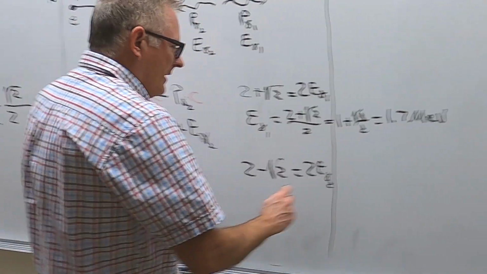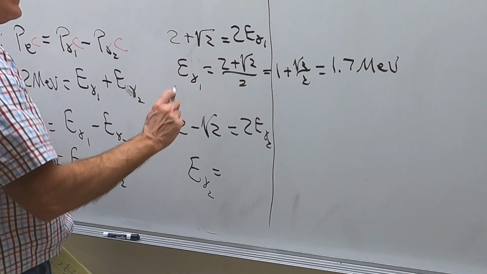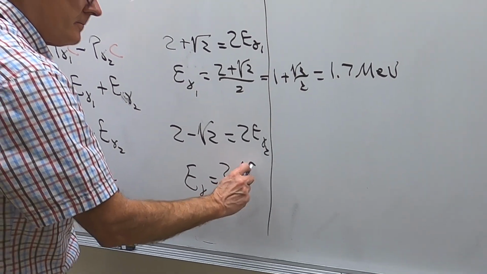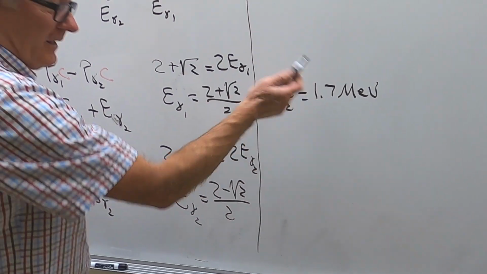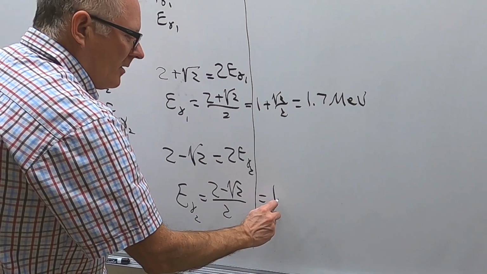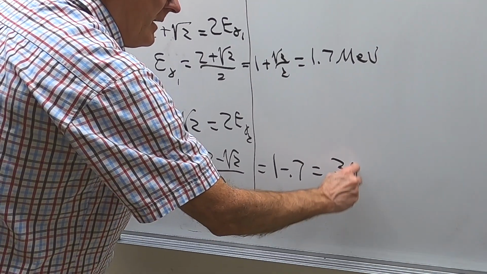Divide that out, and you get E gamma 2 is equal to 2 minus the square root of 2, all over 2, which is like 1 minus 0.7, which is like 0.3 MeV.